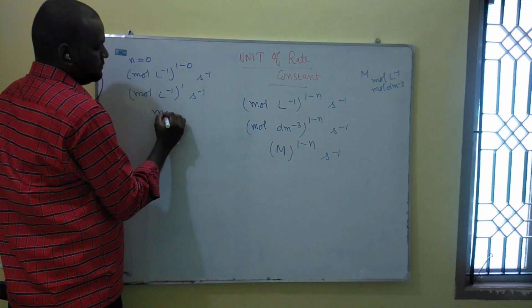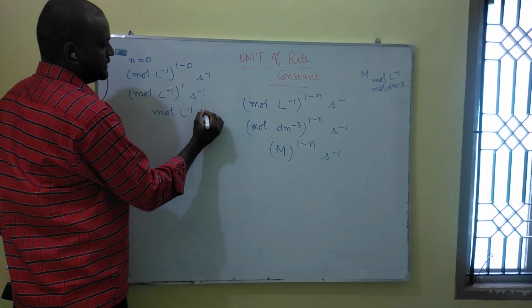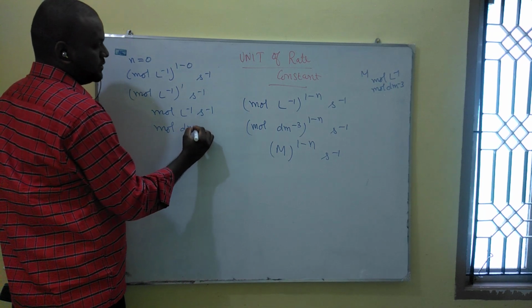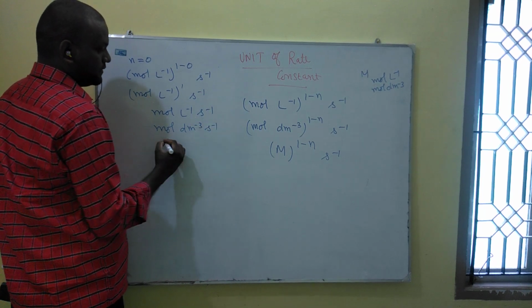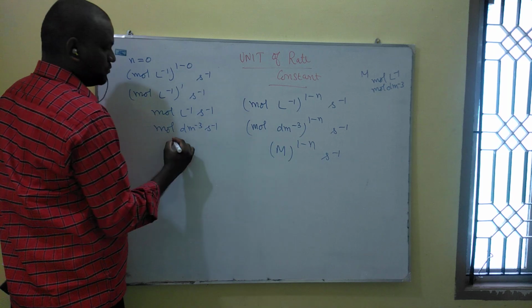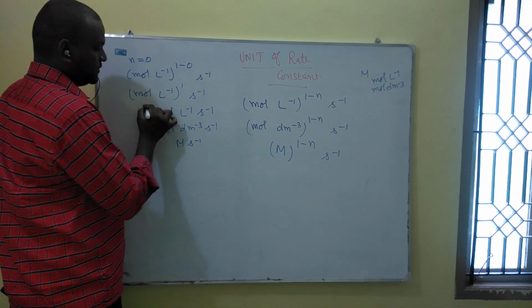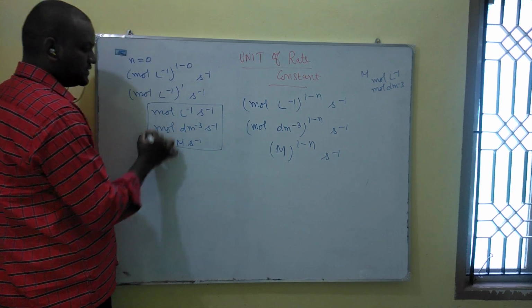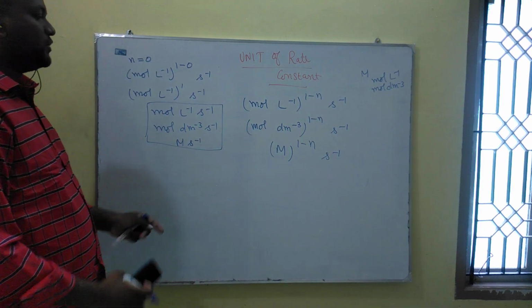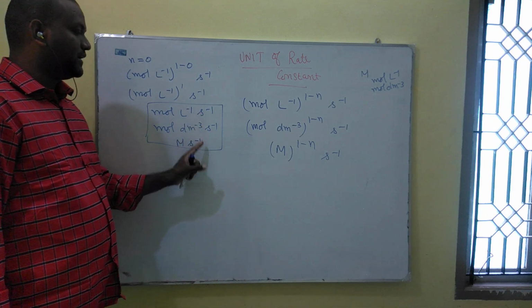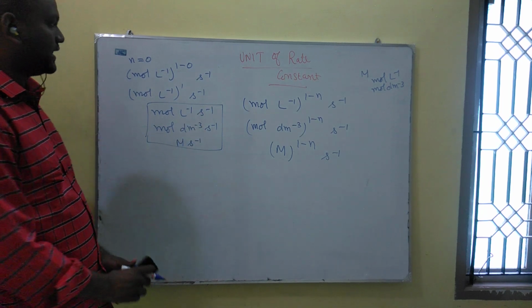So mole per liter per second, or mole per decimeter cube per second, or simply M per second. This is the unit for a zero order rate constant. If you find any unit like this, you can say it is a zero order reaction.